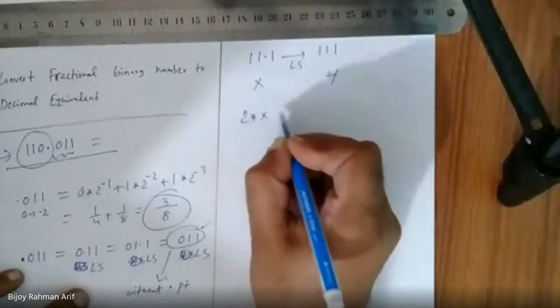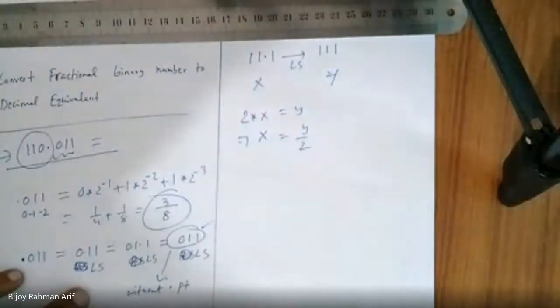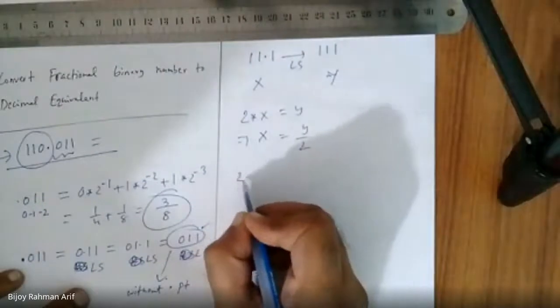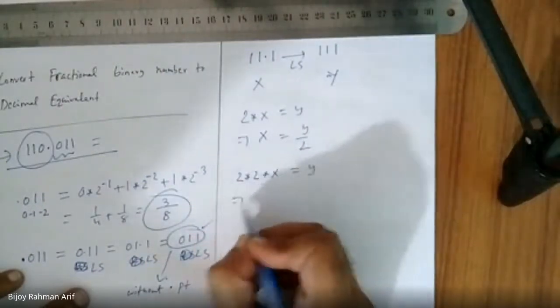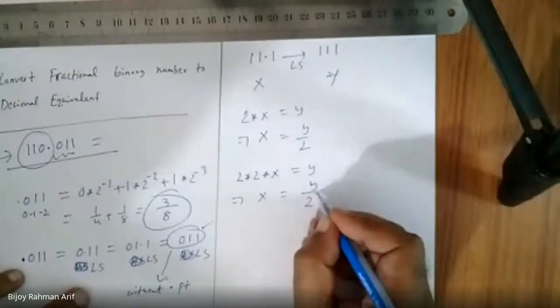So it is like this: 2 times x equal to y. So x is nothing but y by 2, right? Yes, sir. Now, if you left shift 2 bits, then what is the case? 2 times 2 times x equal to y. So x is nothing but y by 2 to the power 2.